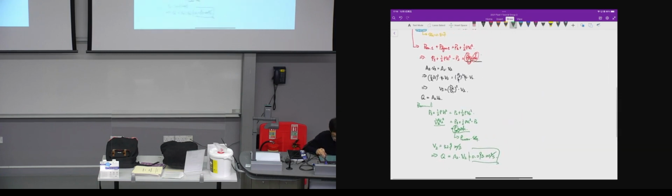Yeah, so V2 squared is 32.9 meters squared per second. Oh, sorry, V2 is 32.9 meters per second, and then Q equals A2 times V2 equals 0.093 cubic meters per second. Yeah, so that's for problem 2.